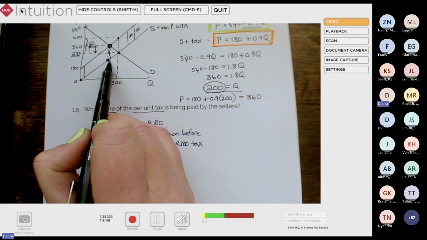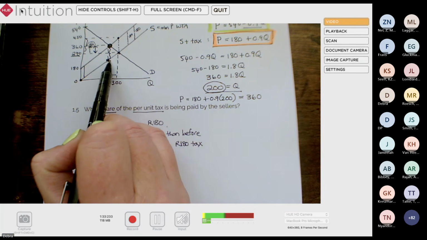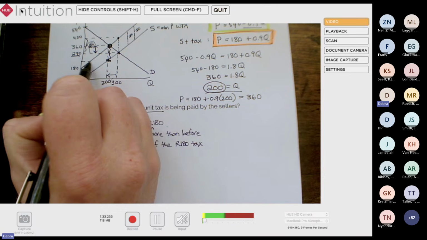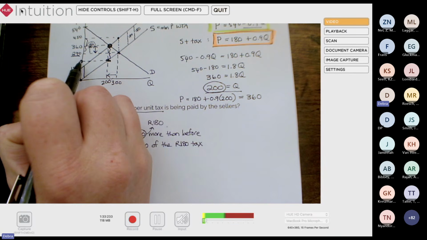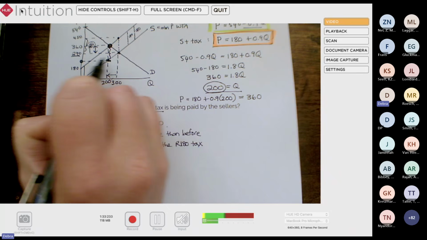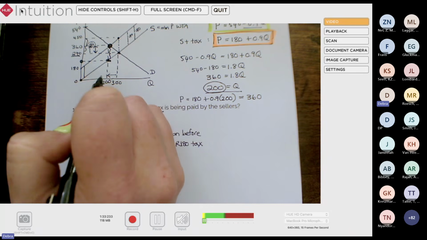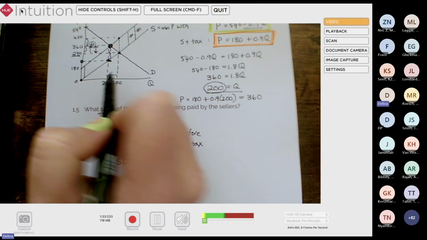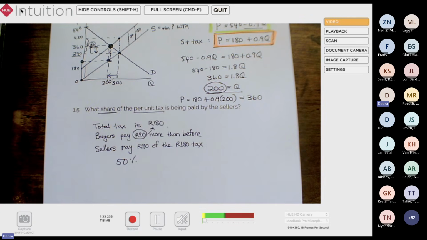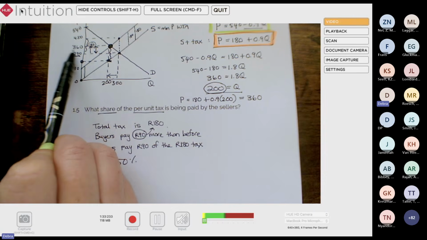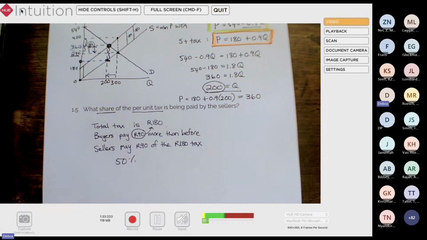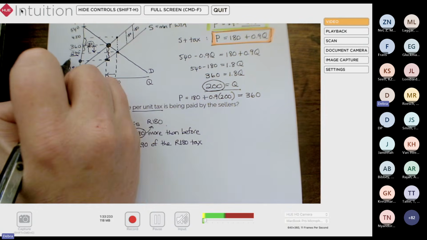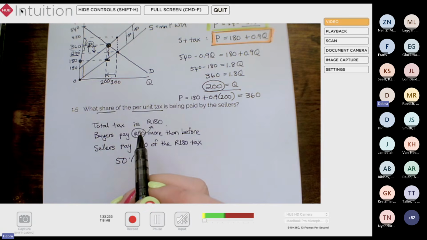And what that then means is that the value here, the price given by their supply curve at the new market quantity, represents the price that sellers now receive. So even though sellers technically get 360 Rand in the till, they only end up with 180 Rand at the end of the day. Okay, so this is where you can see the rough sketch.